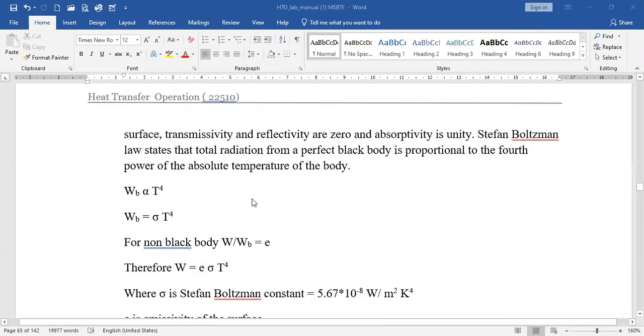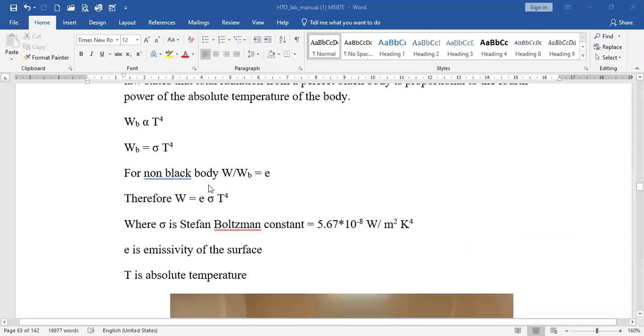So this is the Stefan Boltzmann law in a mathematical way, that is WB proportional to T raised to 4. WB is equal to sigma into T raised to 4. So this proportionality is converted into an equal sign with the help of some constant. This constant is called Stefan Boltzmann constant. Then for a non-black body, the ratio of W to WB is equal to E. In some of the reference books, this W is replaced by capital E and this WB is replaced by capital E suffix B. So this W or capital E is nothing but the emissive power.